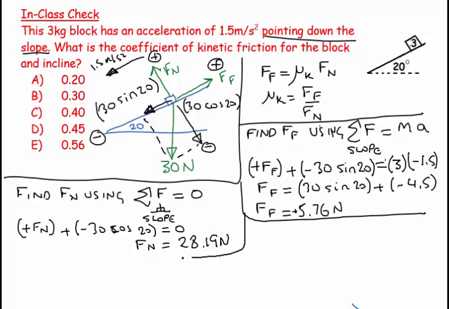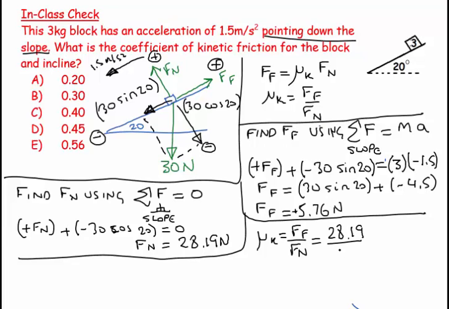So there's my next bit. And then I want to come back to this. Mu k is equal to Ff over Fn, which equals 28.19 over 5.76, that's going to be 4.89, which is not there.